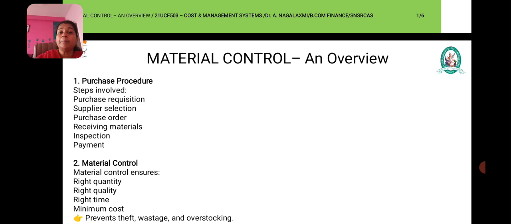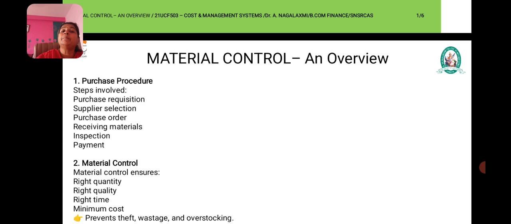So we have to place the purchase requisition. Then we have to see the supplier who will supply good quality and the quantity needed, and the price to be nominal, and not only the price, the delivery time. These are to be considered in making supplier selection.